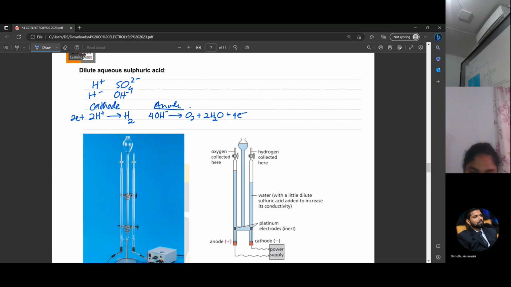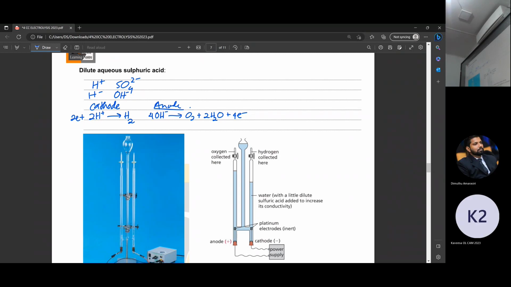This is the special case you should understand. Look, this is only taking 2 electrons, but this is releasing 4 electrons. In order to make the number of electrons the same, I'm going to multiply this by 2. Then only you can balance these 2 equations.